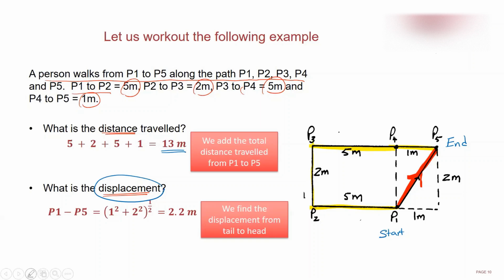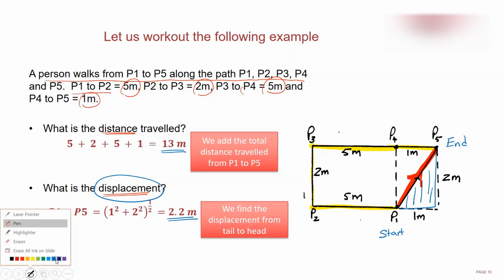When we are presenting the result for the vector, we need to give the magnitude and the direction. To write the magnitude, we can use this triangle and the Pythagoras theorem. So I have 2.2 meters. And we also need to give the direction. I can find this angle theta.